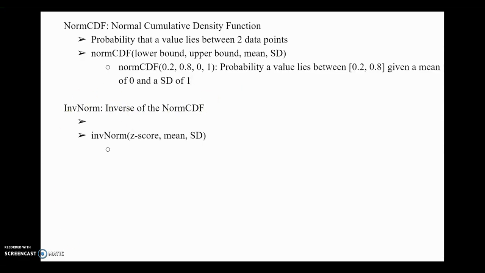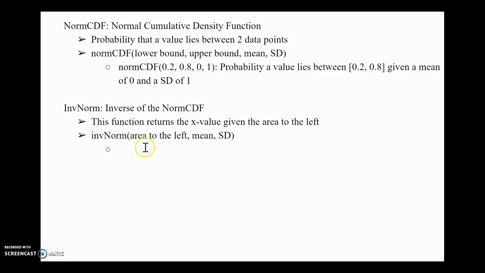Now, inverse norm function. This function returns the x value given the area to the left. So what does this mean? If I have the syntax like this, inverse norm, area to the left, mean, standard deviation.